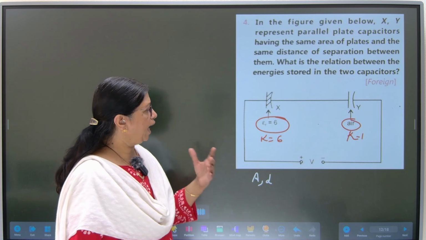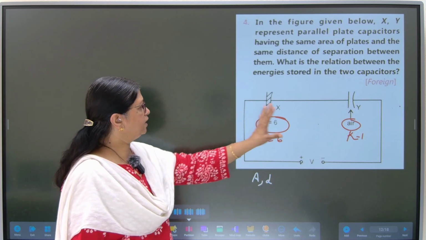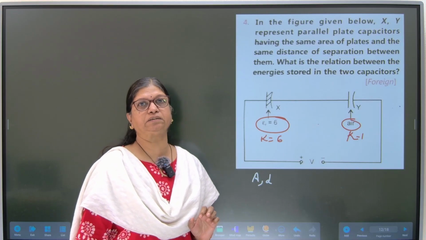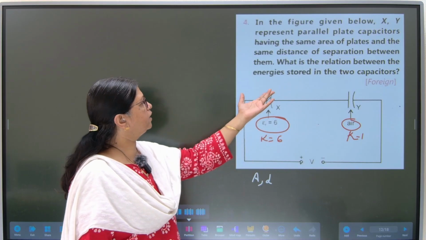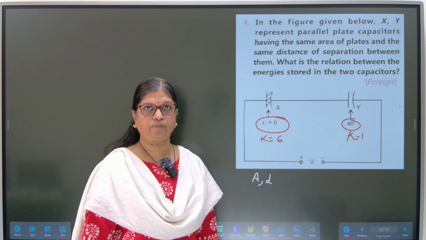Okay. So now they have already given us the values of these capacitances and we have to find out a relationship between the energy stored in the two capacitors. Fine. Okay.